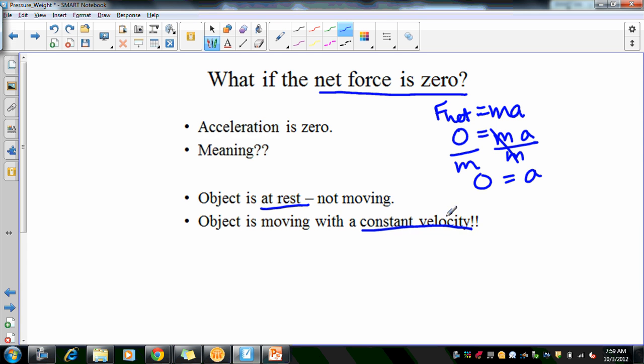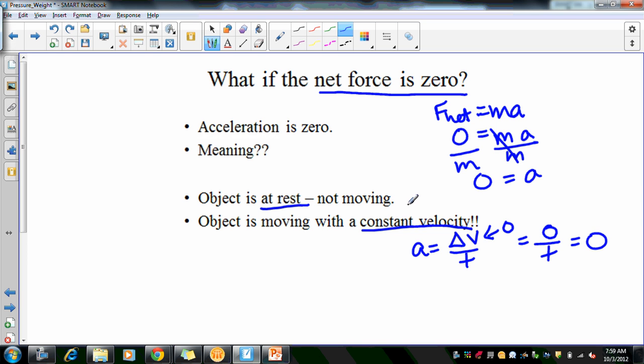If you're going constant velocity, you have no acceleration, because acceleration is the change in velocity over time. If this is 0, then we have 0 divided by t, and again, we get 0. So constant velocity is also a situation when acceleration is 0.